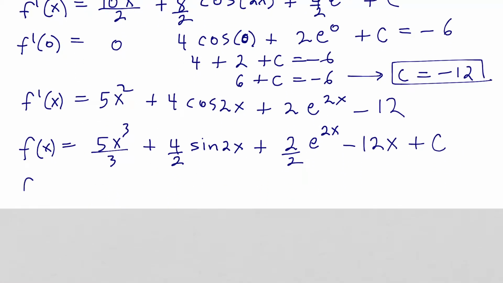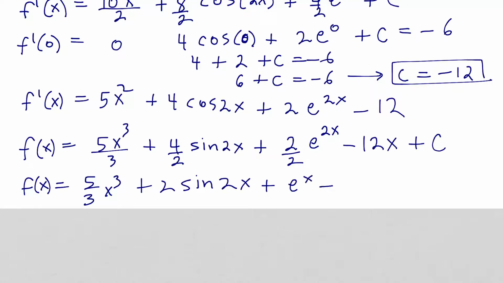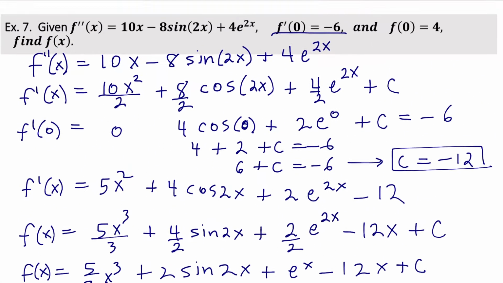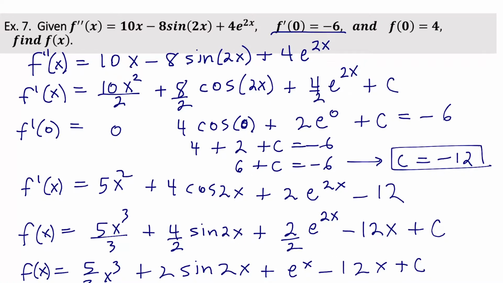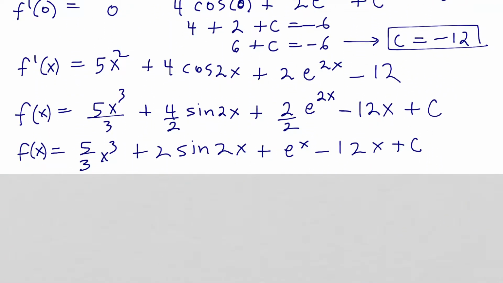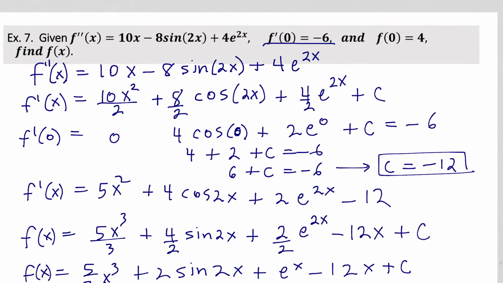All right, so we've got f of x: 5/3 x cubed, 2 sine 2x, e to the x, minus 12x plus c. The initial condition for f of x says f of 0 equals 4. So f of 0: this would be 0, this would be 0, this would be e to the 0, which is 1, and this would be 0. And what did we say it was? 4.